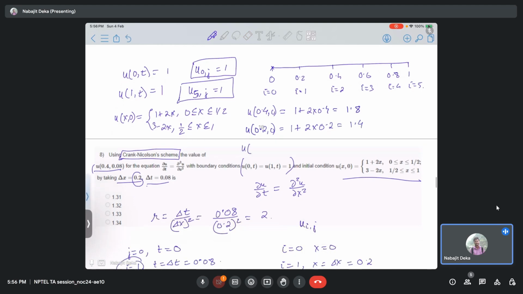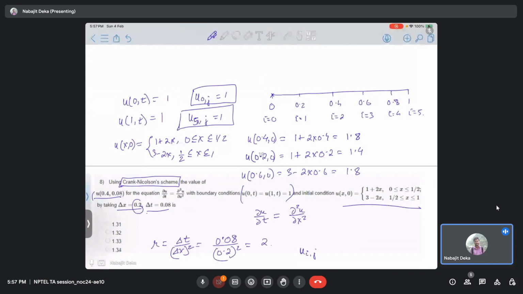Then u 0.6 comma 0 will be 3 minus 2 into 0.6, which is 1.8.